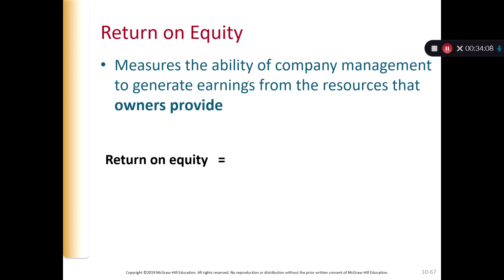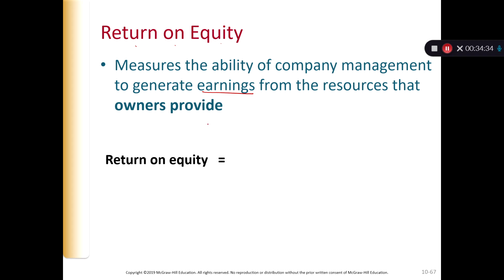Okay. So first of all, we can measure return on equity. This is a ratio that measures the ability of a company's management to generate earnings from the resources that owners provide. Earnings are key to a company's long-run survival, right? However, we need to evaluate earnings in comparison to the size of the investment.